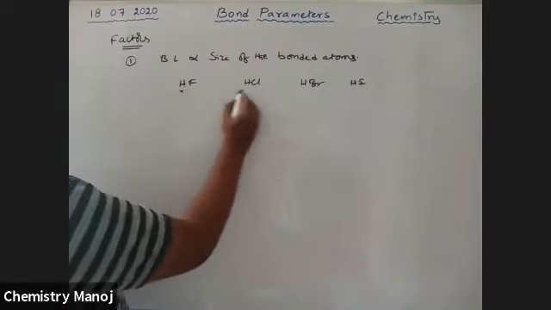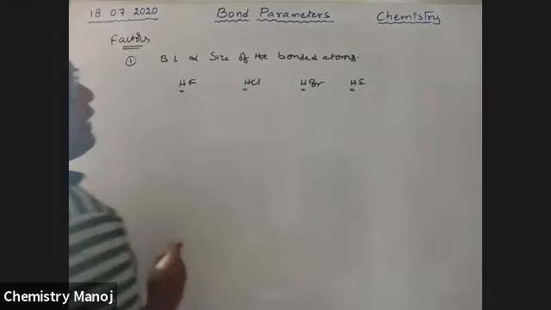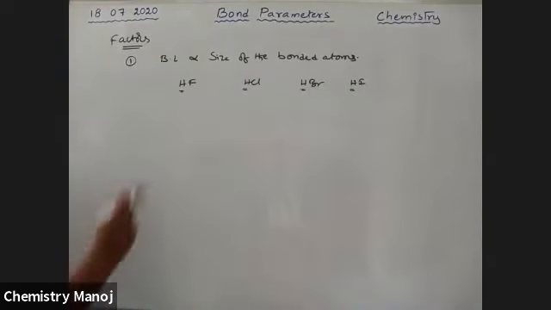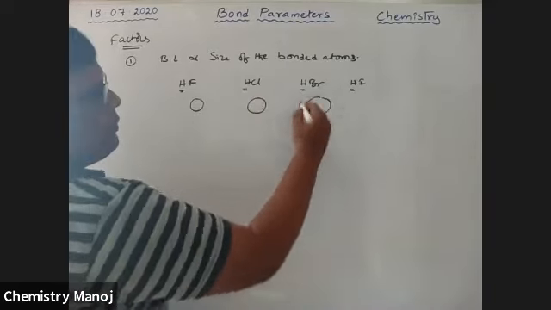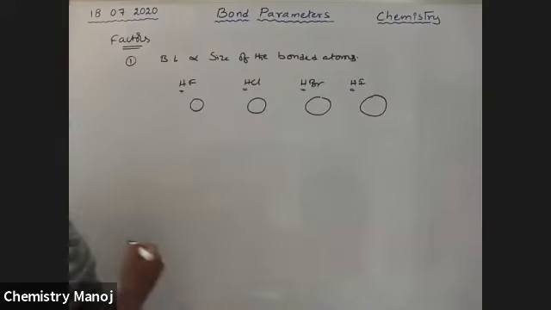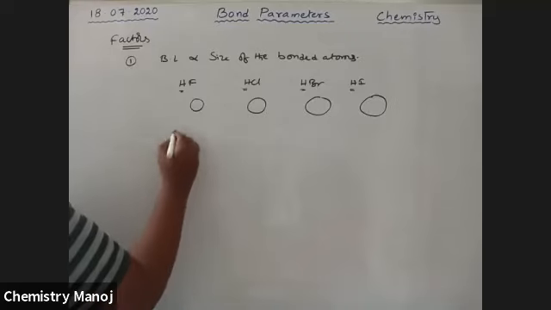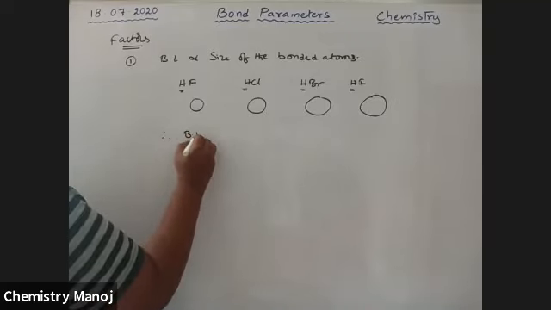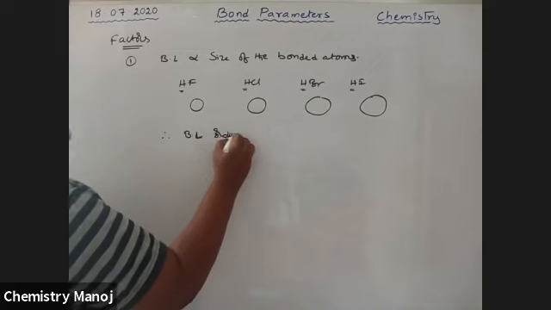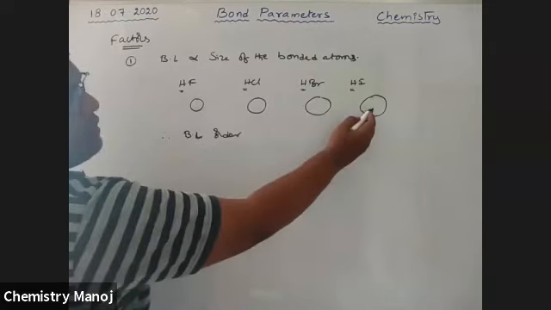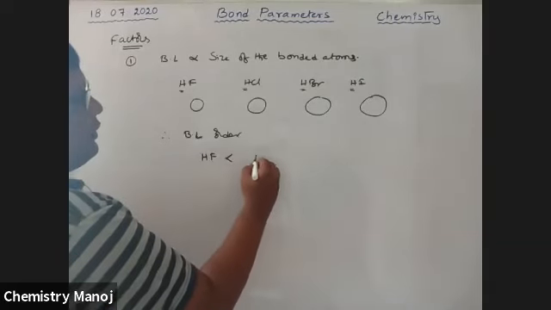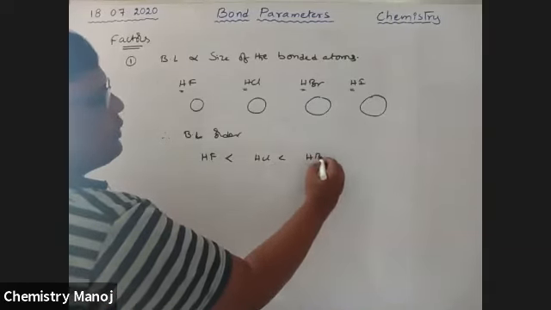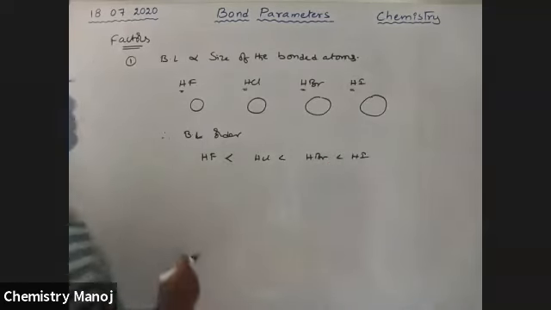We know all these are hydrogen atoms, but fluorine is small in size, chlorine is bigger, bromine is bigger, and iodine is bigger still. Therefore, for bond length, the more the size, the more the distance, so automatically HF is less than HCl, less than HBr, less than HI.